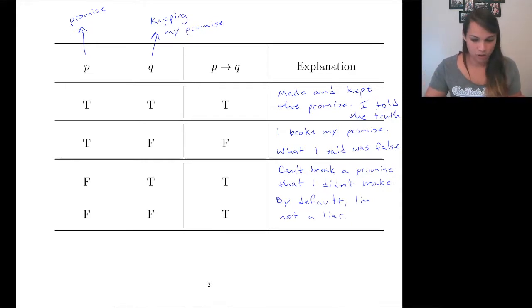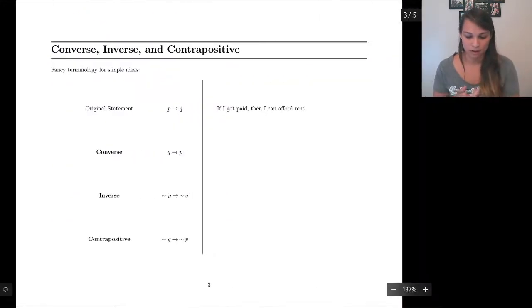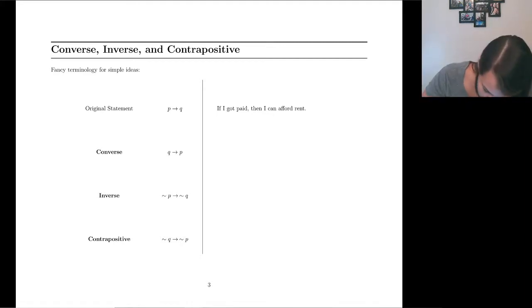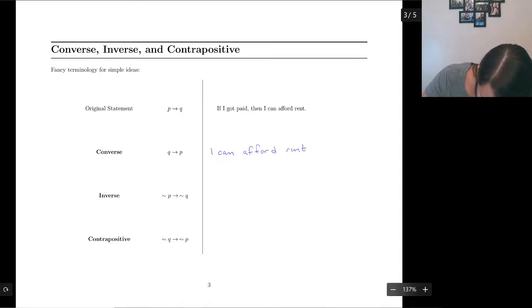So moving on, we're going to talk briefly about converse, inverse, and contrapositive. So let's say we've got the original statement, if P, then Q. If I got paid, then I can afford rent. The converse is where you just switch the position of Q and P. If I can afford rent, then I got paid.